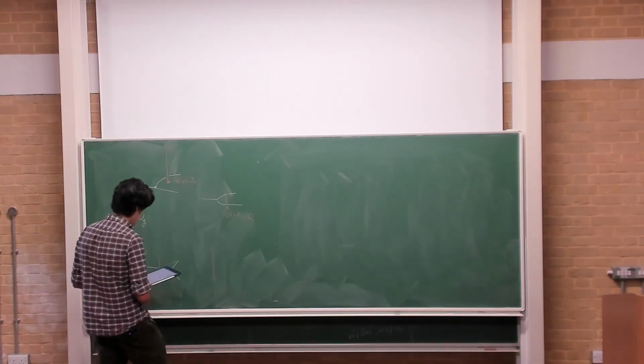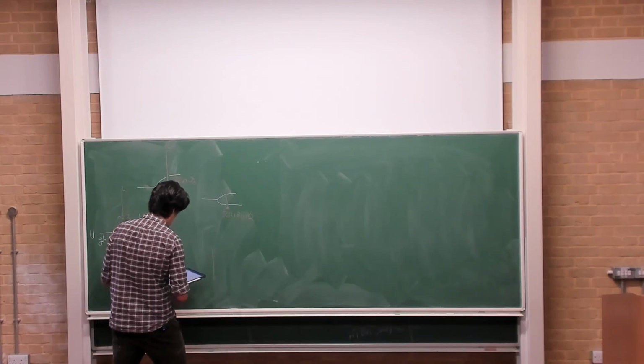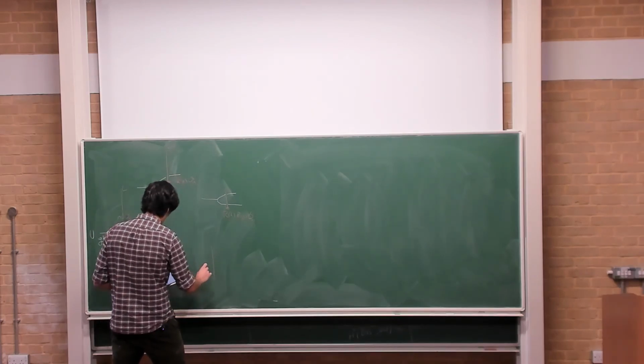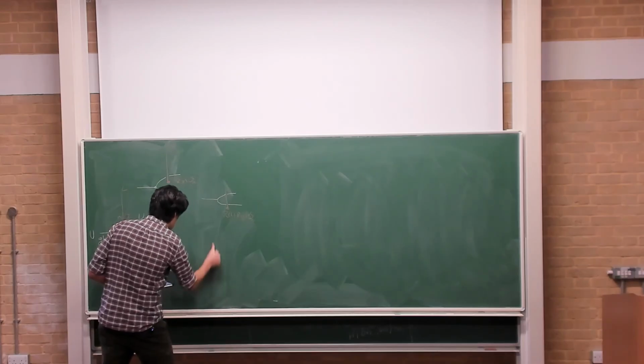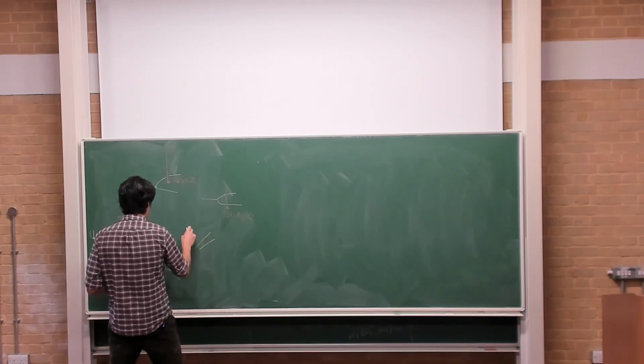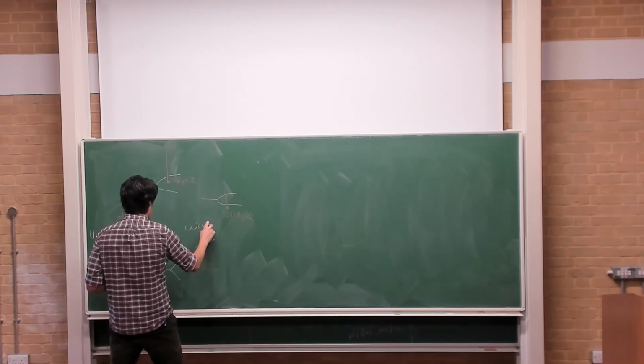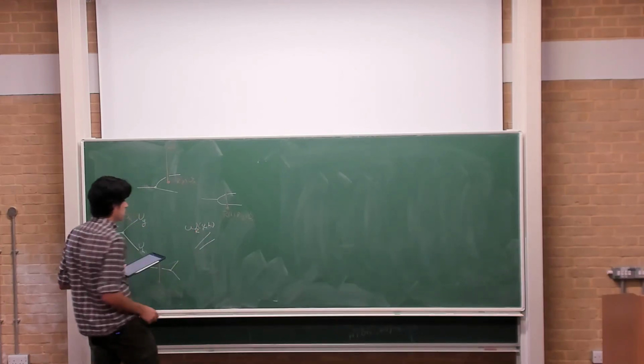So these are just equal up to a phase, and the phase is exactly this omega G comma H associated with this representation R.